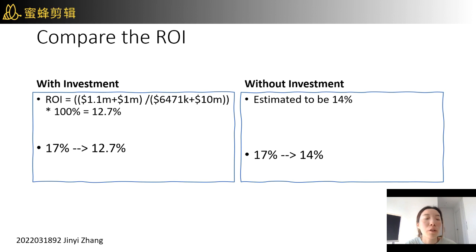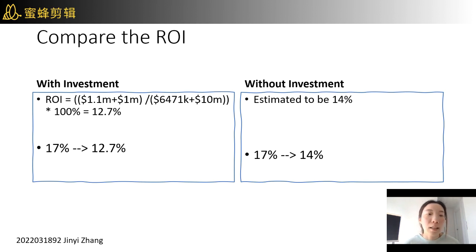First of all, let's assume that the investment has been put in place. The ROI after the investment is going to change from 17% to 12.7%, which is shown in the first square. However, if we don't do the investment, the ROI was estimated to be 14%, which is provided by the information of the company.